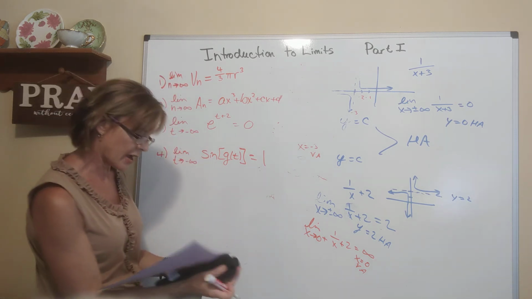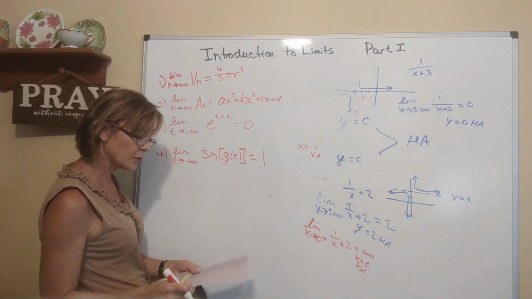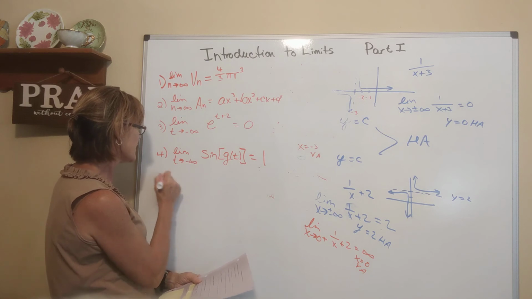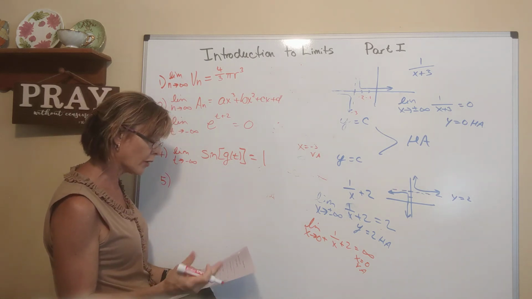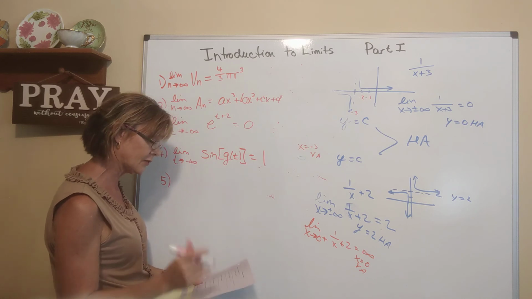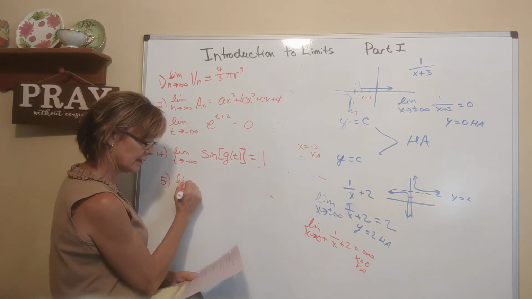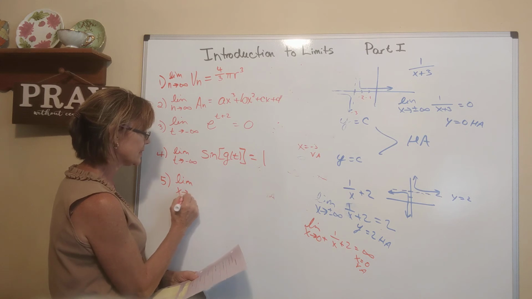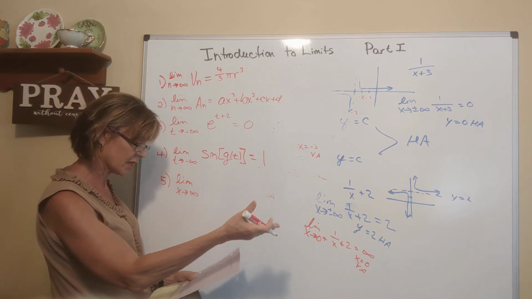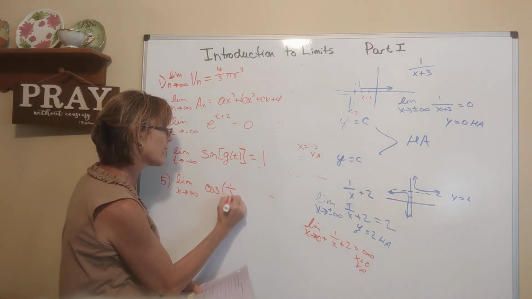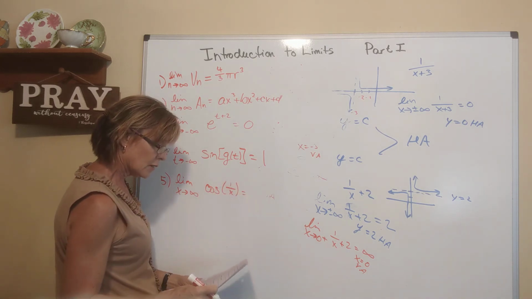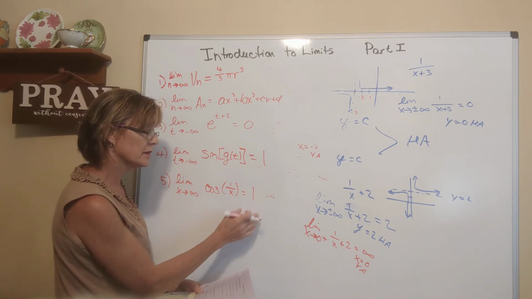What about number 5? As x increases without bound. That is another way to say as x goes to positive infinity. So number 5, you can say the limit as x goes to positive infinity of the cosine of 1 over x equals 1.